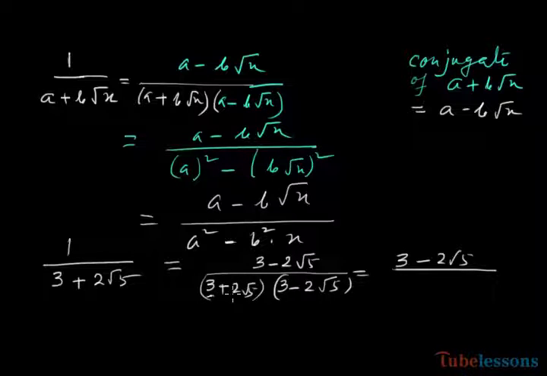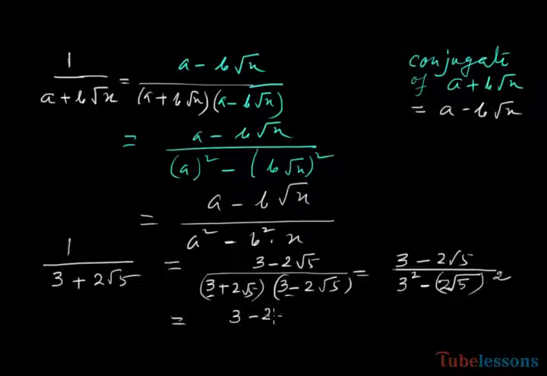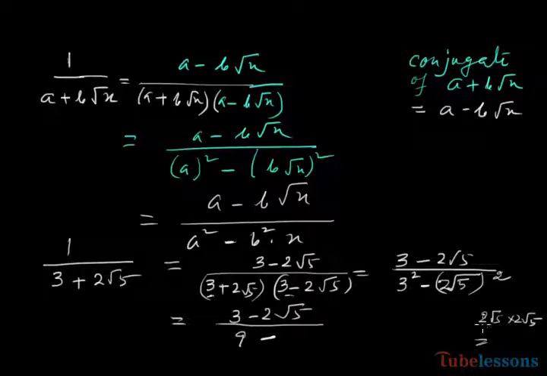Now the denominator is 3 square minus 2 root 5 whole square. 3 square is 9, minus 2 root 5 whole square, which is 2 root 5 into 2 root 5. So 2 twos are 4, and root 5 into root 5 is 5. So it becomes 20.